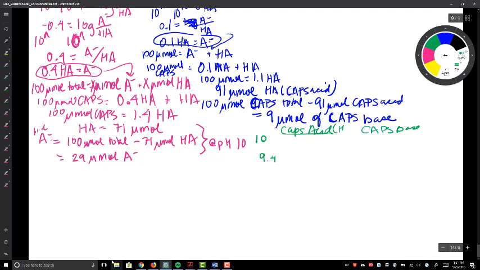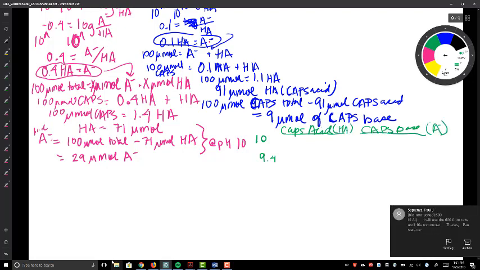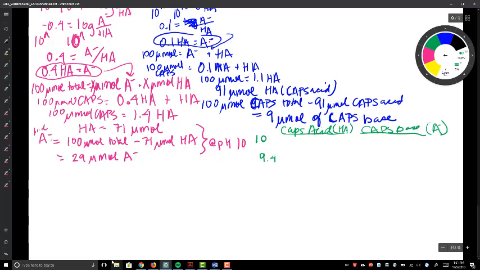So this would be HA, and then A minus. So at pH 10, we have 71 micromoles of caps acid and 29 micromoles of caps base. Then at 9.4, we go from 71 to 91 micromoles of caps acid, and then down to 9 micromoles of caps base.